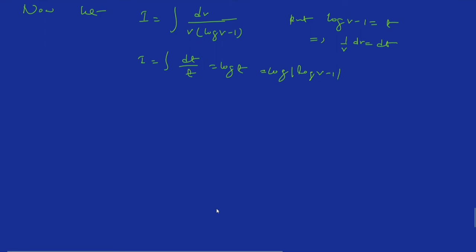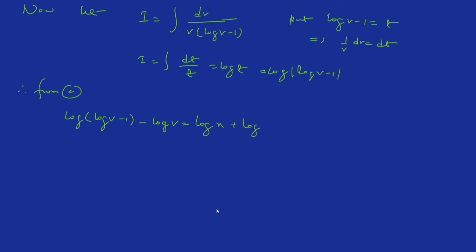Now from equation 2, we have log(log v minus 1) minus log v, which equals log x plus log c.